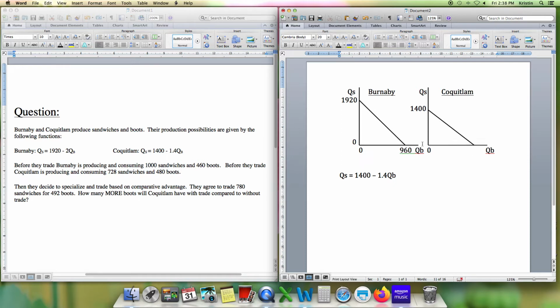This will be when the quantity of sandwiches is 0. What's the quantity of boots? So put 0 here. Now we'll take this term to the other side.